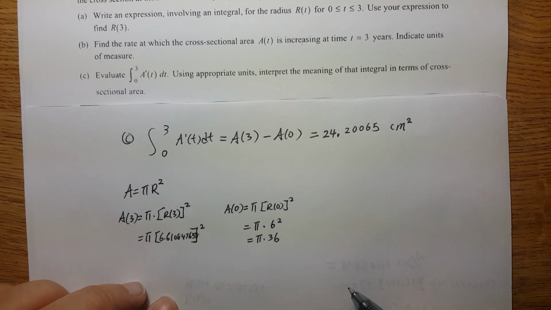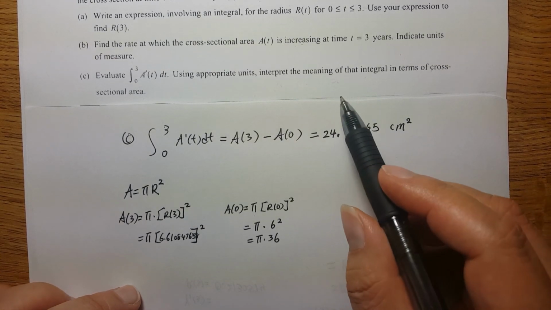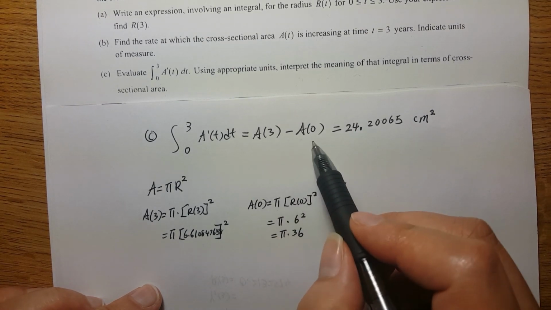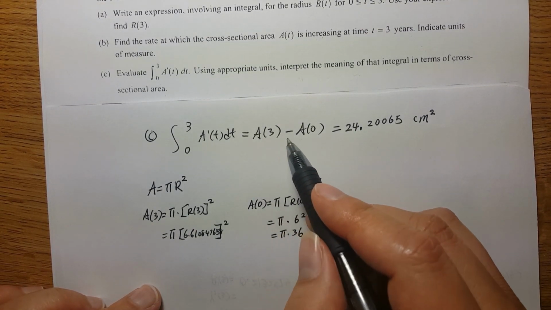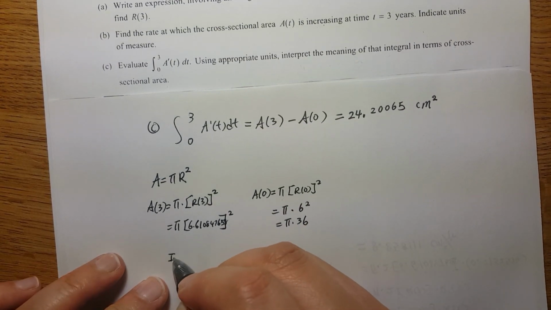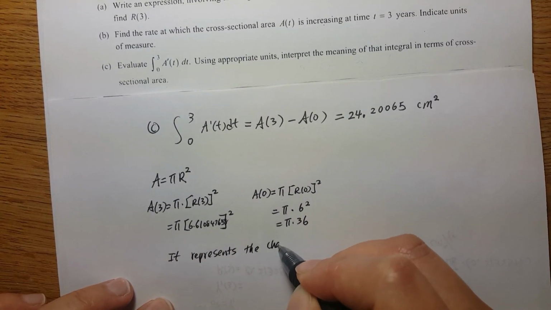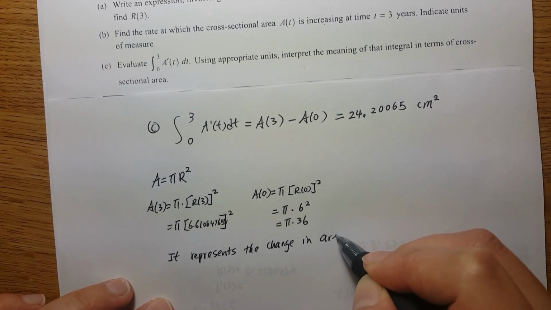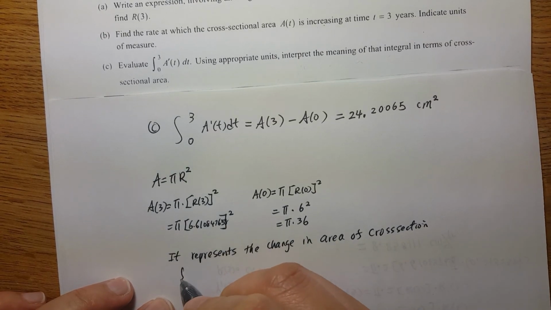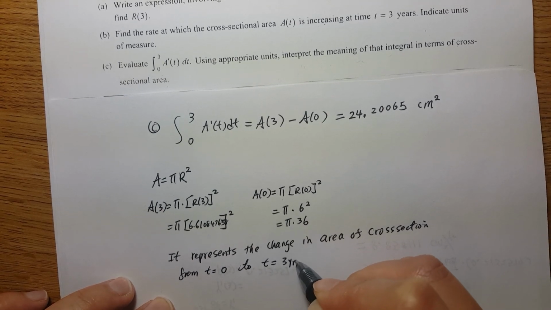After we found the value and the unit, now we're going to explain. We have done a question like this before. A of 3 minus A of 0 is the difference of area, so it means a change of area. So it represents the change in area of the cross-section from t equals 0 to t equals 3.